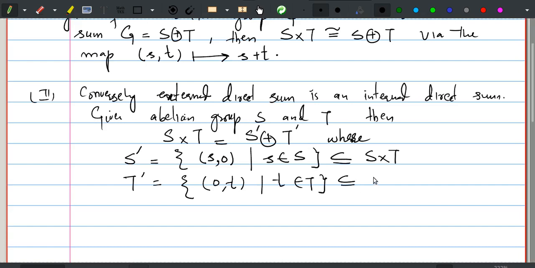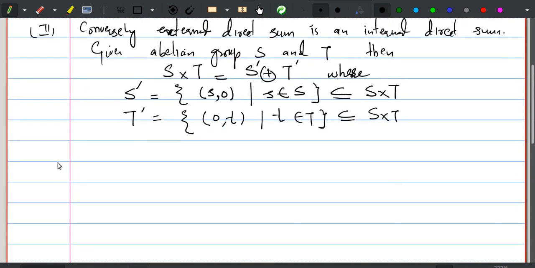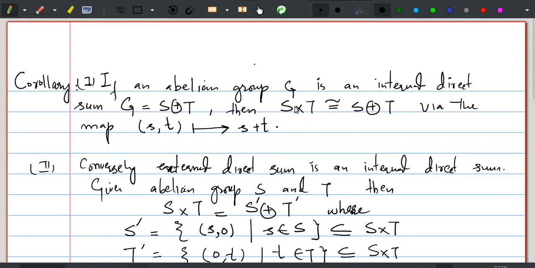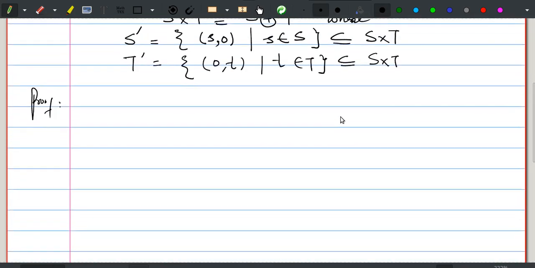Now this is what we have to prove. So first we are going to prove that the Cartesian product of S and T is isomorphic to their internal direct sum. For that, let us define a map.